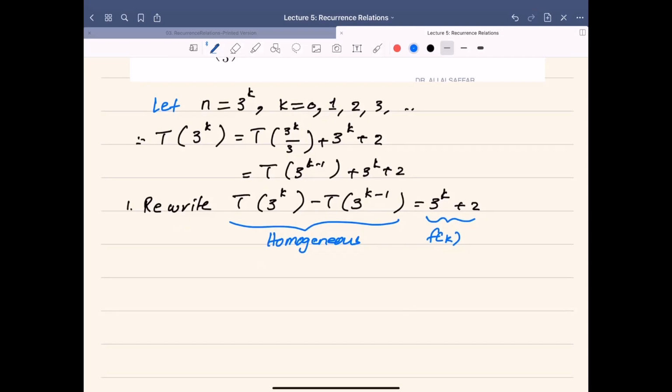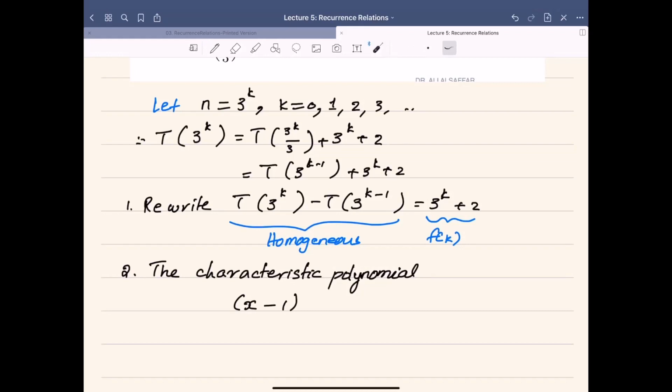So next is finding the characteristic polynomial. And the characteristic polynomial is equal to, for the homogeneous, it will be x minus 1.